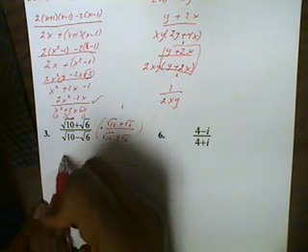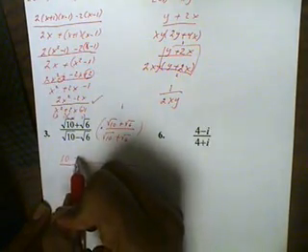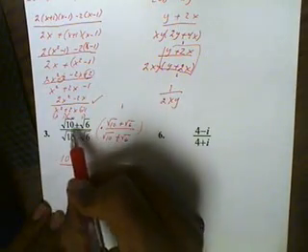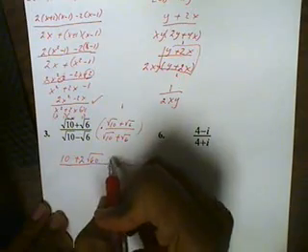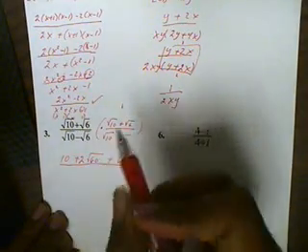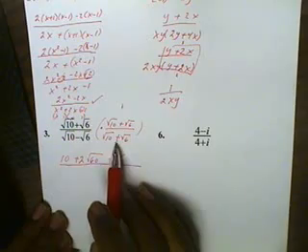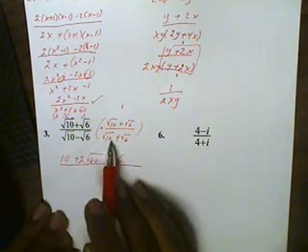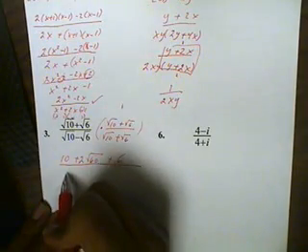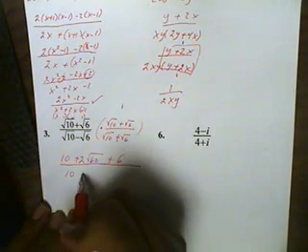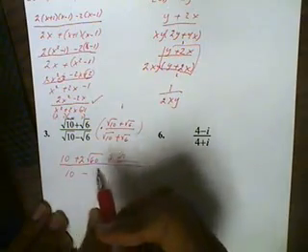So a squared would be 10, plus 2 times a times b, which is the square root of 60, plus b squared, which will be 6. In the denominator, the binomial expansion will be a squared minus b squared, because what we have are conjugates here. So a squared will be 10 minus b squared, which is 6.